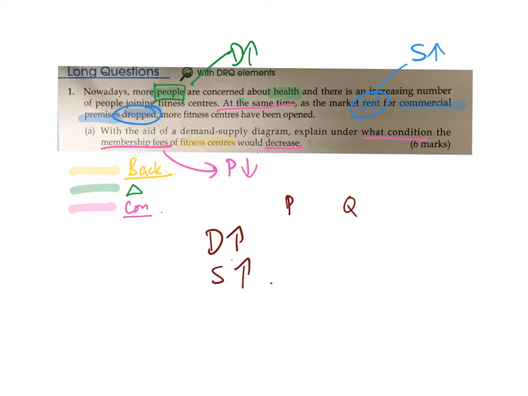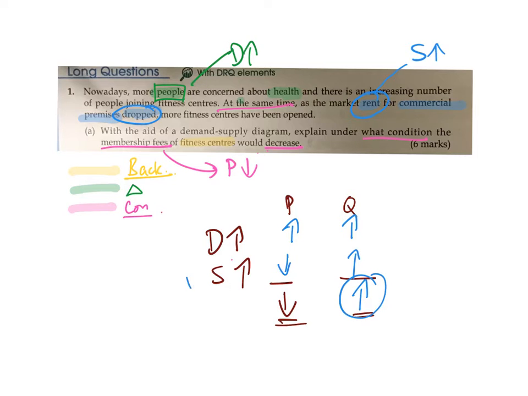For the price and the quantity, we don't know, but they tell us that the price will decrease at last. So let's do the analysis. Demand increase: price increase, quantity increase. Then supply increase: price decrease, quantity increase. So quantity will increase at last, and the price should be unknown, but at this moment it tells us that it decreased.